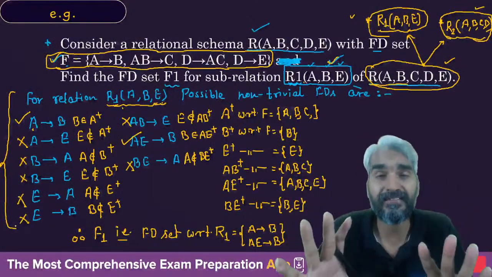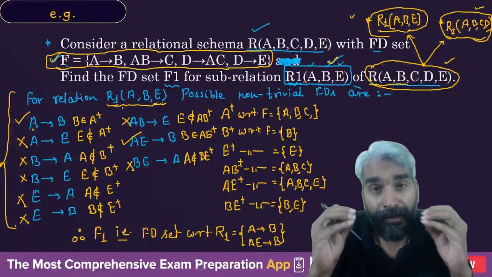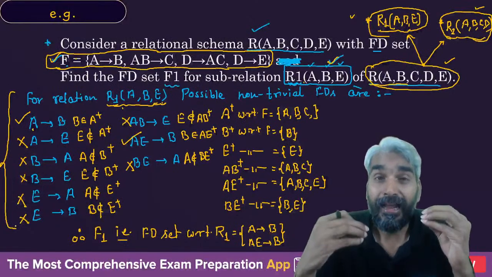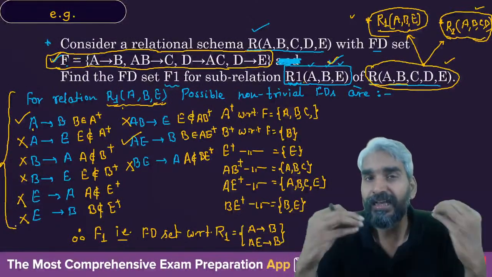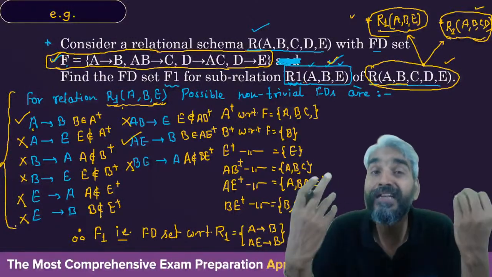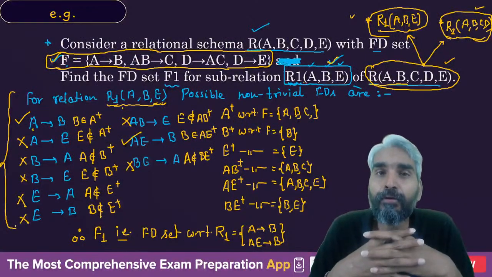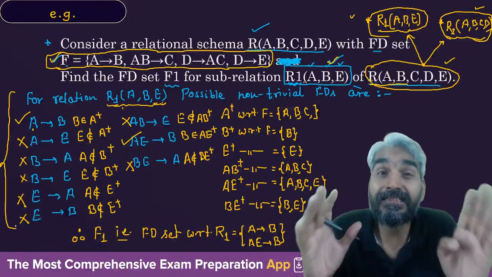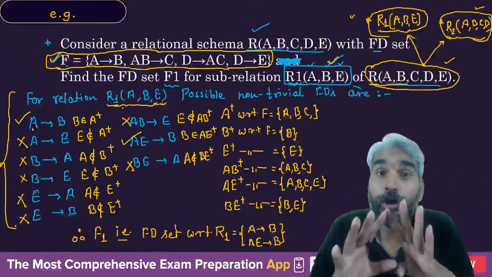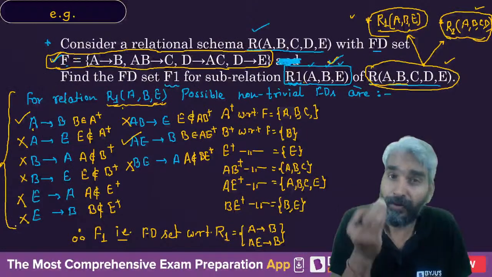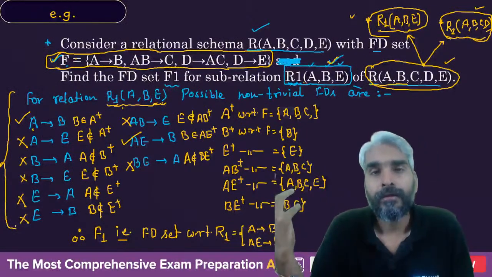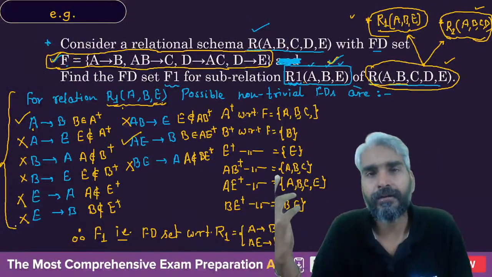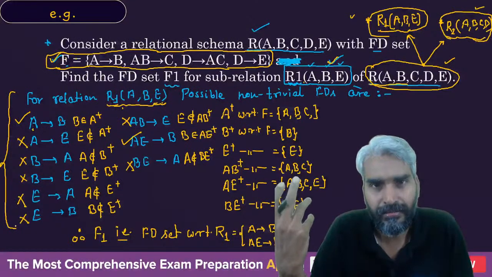You must understand that this is used to check the FD sets of these sub-relations, and based on that we define whether the decomposition of a given relation into sub-relations is dependency preserving or not, which is a very favorite question of GATE organizing institutes.